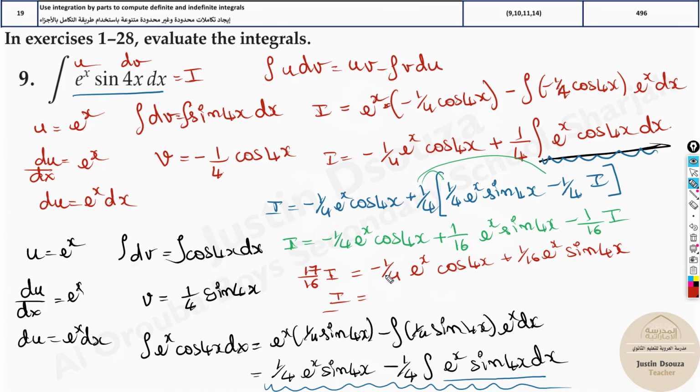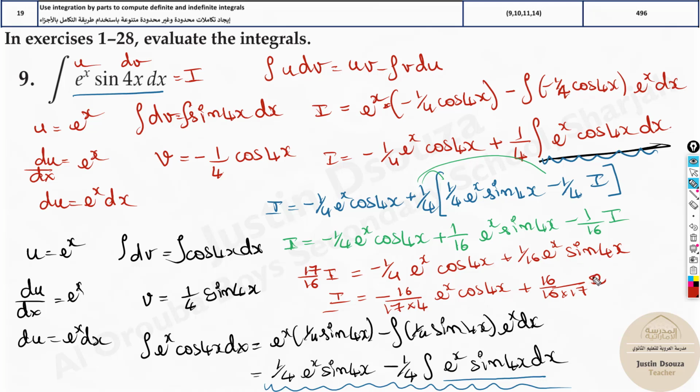So for the first term, see, these terms are going to remain the same. Only the numbers change: it'll be minus 16 divided by 17 times 4 e to the power x cos 4x plus, here again, 16 divided by 16 multiplied by 17. Why? Because when this goes to the other side, the denominator goes to the numerator.